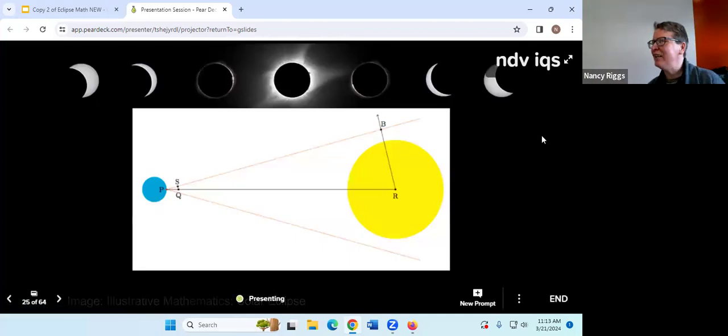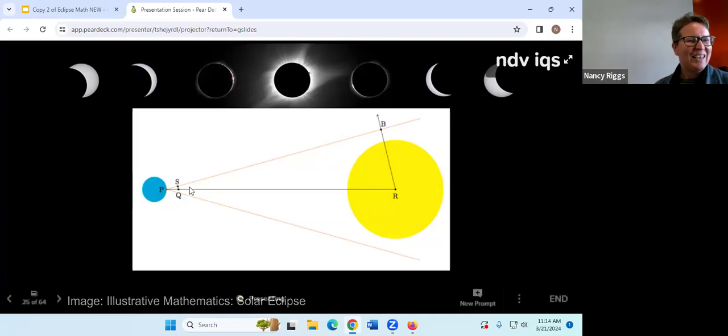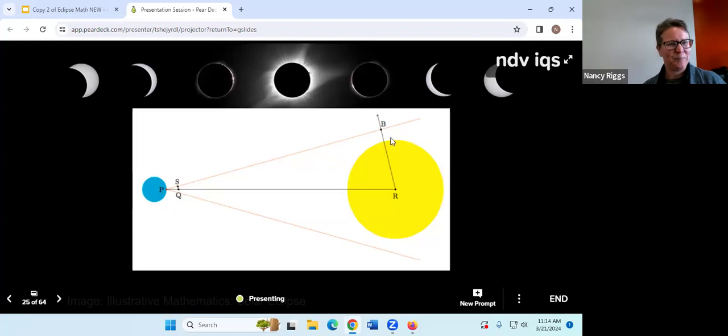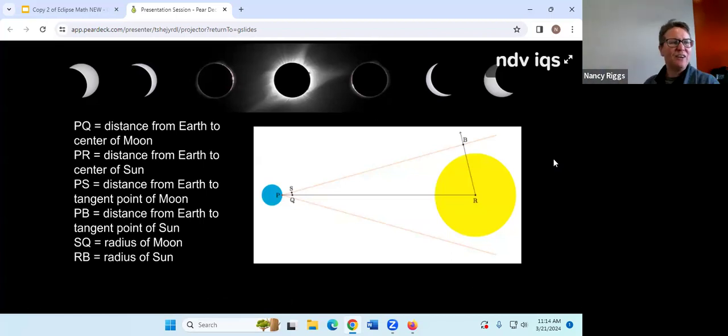So here's my little picture. Now you'll notice this point is not quite the tangent. We've kind of moved it up there just so that you can see it better. But here R is the center of the sun. This B would be our tangent point. We've got P. You'll notice that's not in the middle of the Earth because I don't live in the middle of the Earth. I live on the edge of the Earth. And similarly, I've got the moon over here with Q and S. So again, PQ is the distance from me on Earth to the center of the moon.